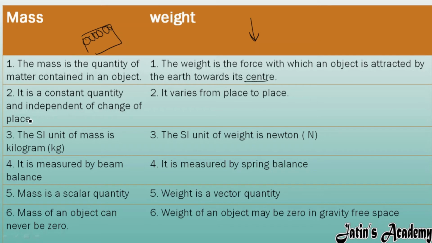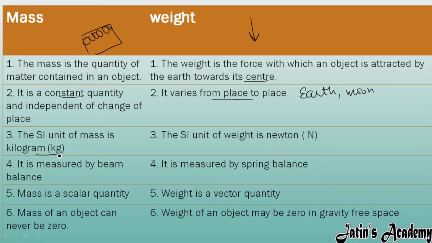Mass is a constant quantity and independent of place, which means mass is not going to change from place to place. But weight can vary from place to place. For example, on the surface of earth the weight is different, and on the surface of moon, due to the change in the value of g or gravity, the weight is going to change.